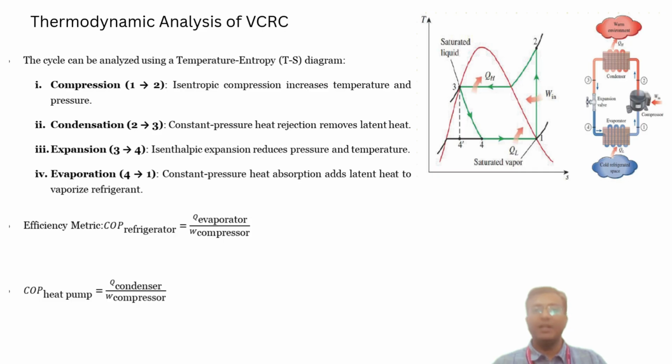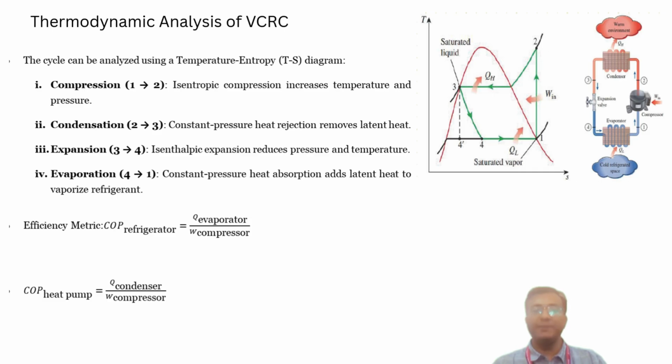The refrigerant undergoes isentropic compression in the compressor, meaning entropy stays constant. The temperature and pressure rise, turning low pressure vapor into hot, high pressure superheated vapor. This is the work input stage, like pedaling a bike uphill.